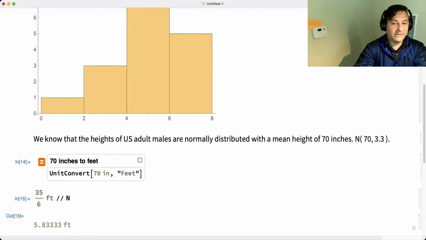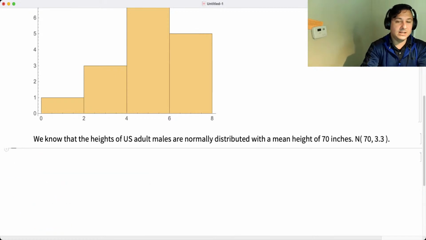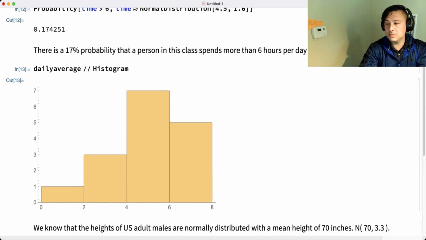So, according to the information I'm looking at here, average height is 70 inches for US adult males. Standard deviation is 3.3 inches.